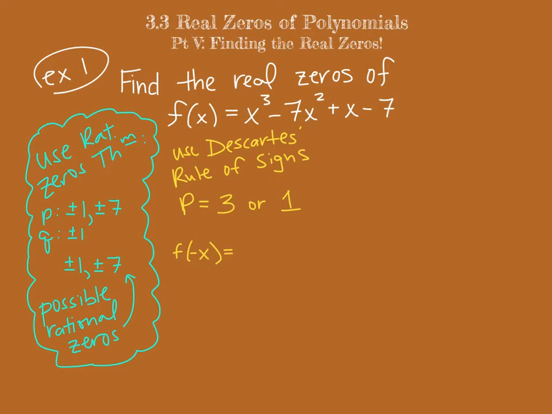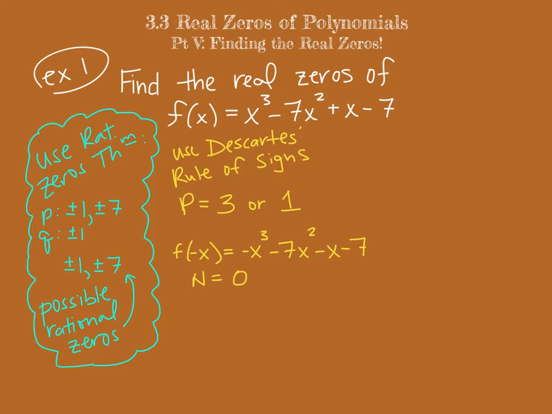So f of negative x would look like negative x cubed minus 7x squared minus x minus 7. And we actually do not have any sign changes in that. So our N, the number of negative real zeros that we have, is none. That means that we're not even going to test out the -1 possibility or the -7 possibility. So that's how Descartes' rule of signs can help us.